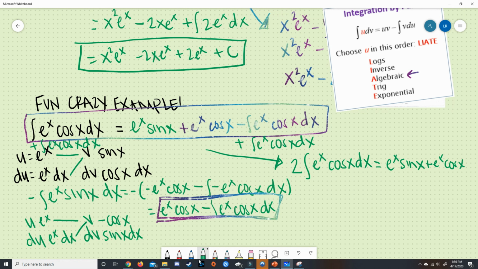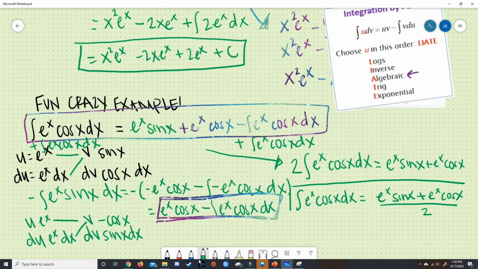If I just divide this by 2, I have the integral of e to the x cosine of x dx alone, and I have what it equals. And there we have it. That is some crazy, fun calculus.